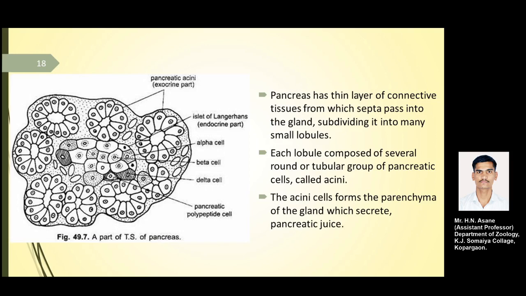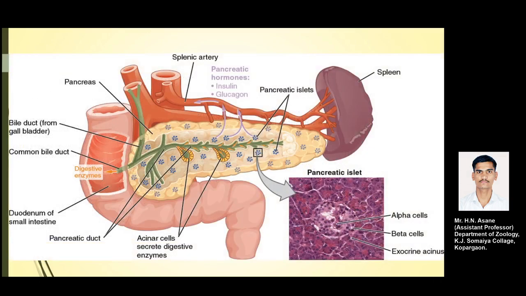Okay, so as you can see the pancreatic duct in this picture, highlighted in green at the center of the pancreas, from the tip to the duct opening into the duodenum, that whole is the pancreatic duct.